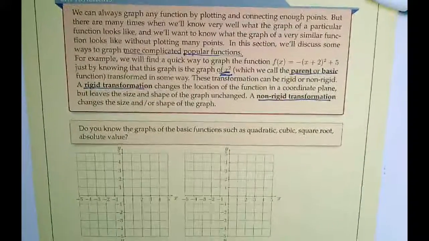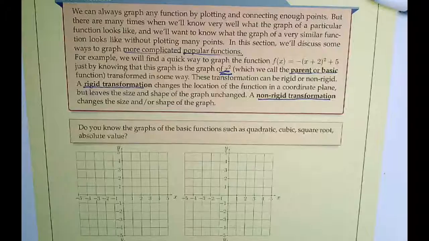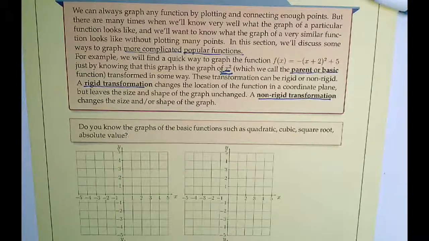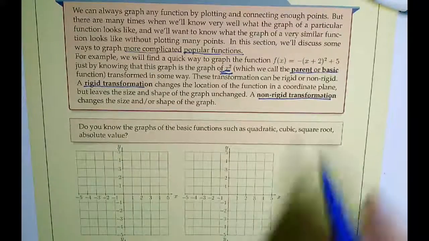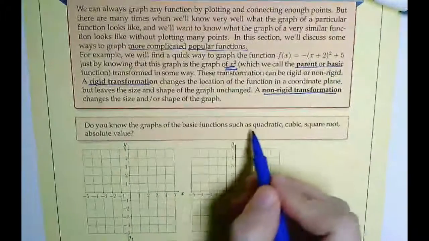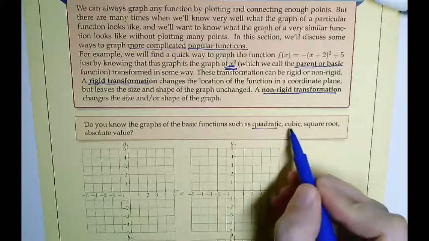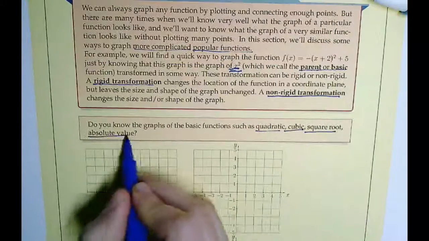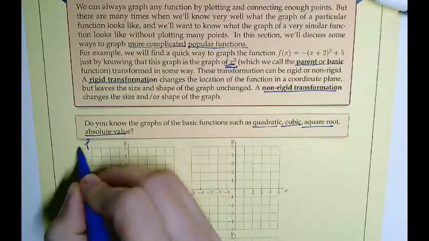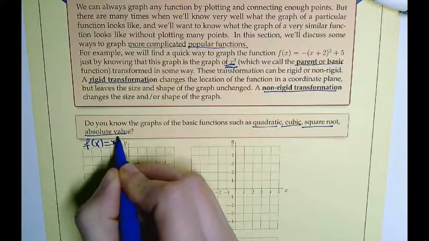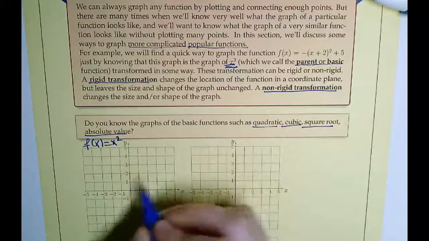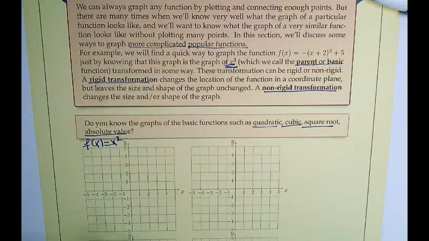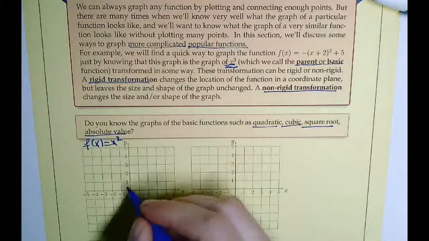Okay, so it's going to be very important that we know the basic functions, the parent functions. You need to be familiar with the quadratic, cubic, square root, and absolute value functions, just the basic ones. So f of x equals x squared, you should have done it many times, enough to know that it looks like this.